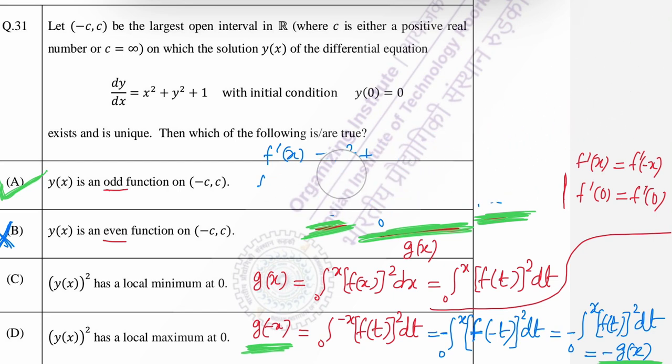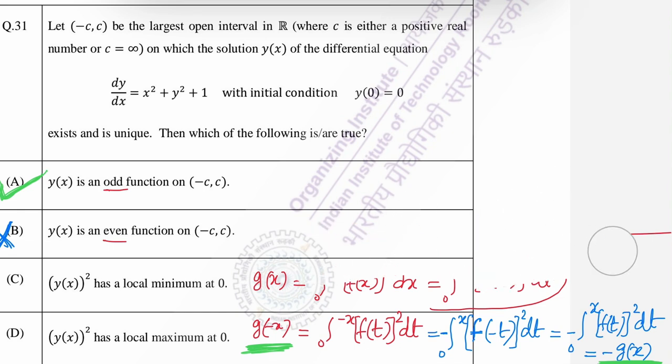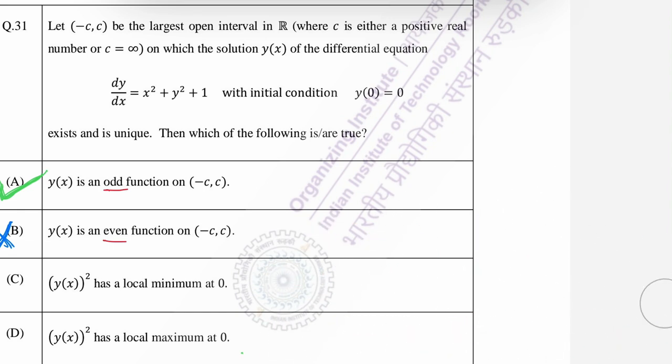Okay, now I erase the screen because we have worked on odd functions and even functions. Now it is time to work on the next option, minimum and maximum. I want to show you that the question does not mention R to R, which would ensure that y(x) is a real function.